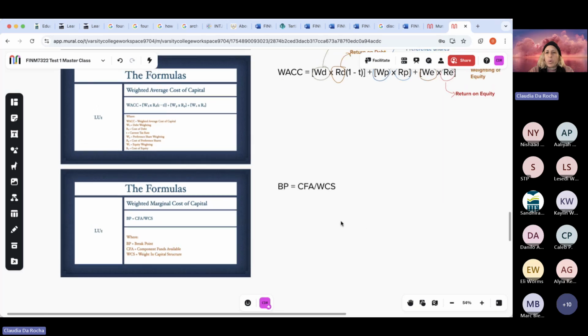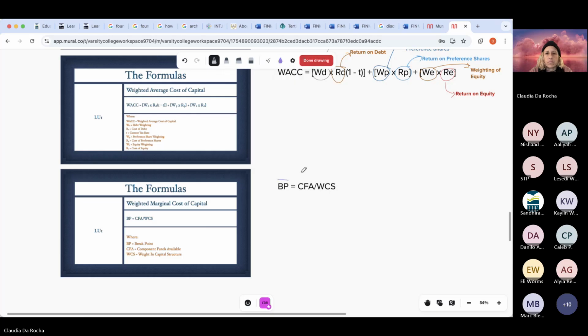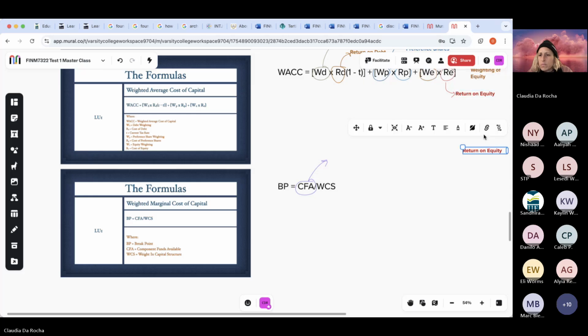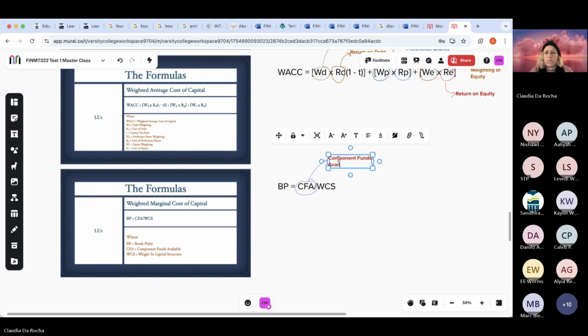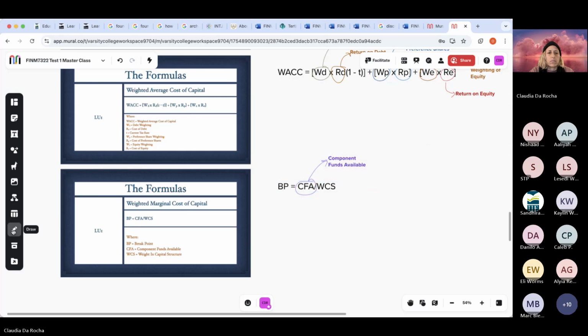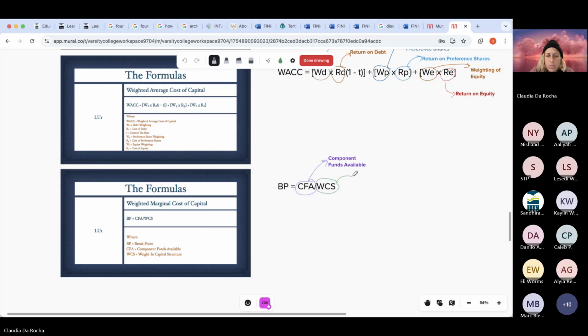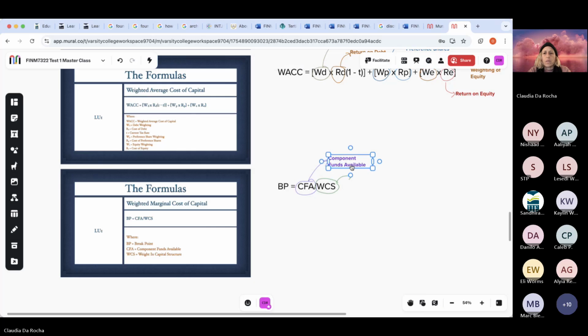And then the last one for learning unit 1 is your breakpoint. And then you'll divide it by your weight in capital structure.